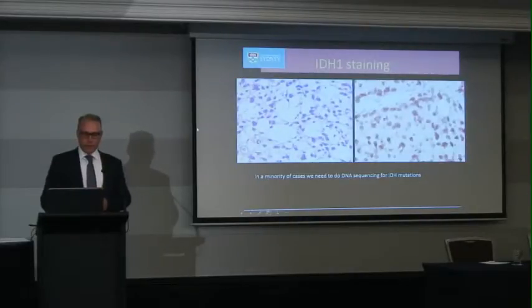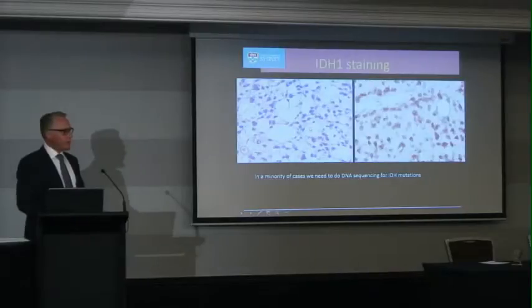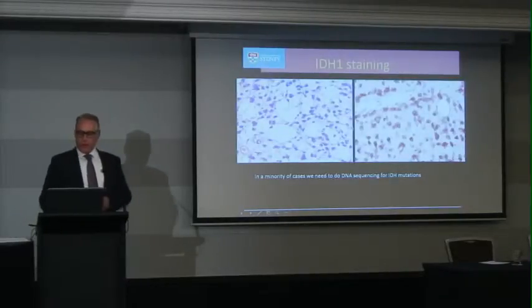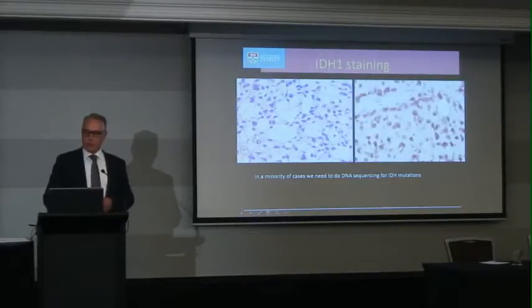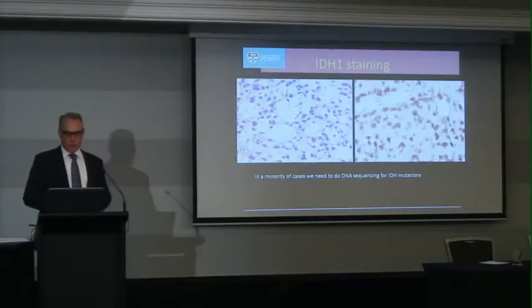And this is on the left here, that's the picture I showed you before of an astrocytoma. And on the right here, this is an astrocytoma stained for the abnormal IDH protein, and the stain comes up positive. So then we can say, oh look, we don't have to do any more, we don't have to even do complicated DNA sequencing. That stain tells us that this tumour is harbouring the mutation.